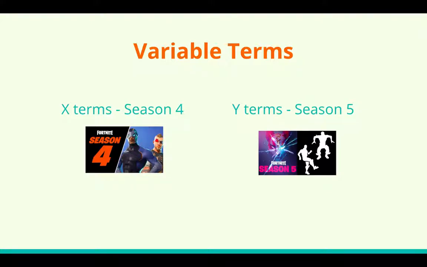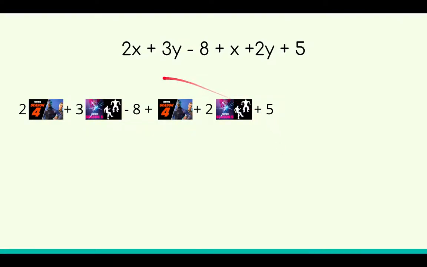And everywhere that you saw a y variable, you're now going to see the battle pass from season 5 of Fortnite. So this is what it's going to look like. This is the expression that I showed you just a couple of slides ago.